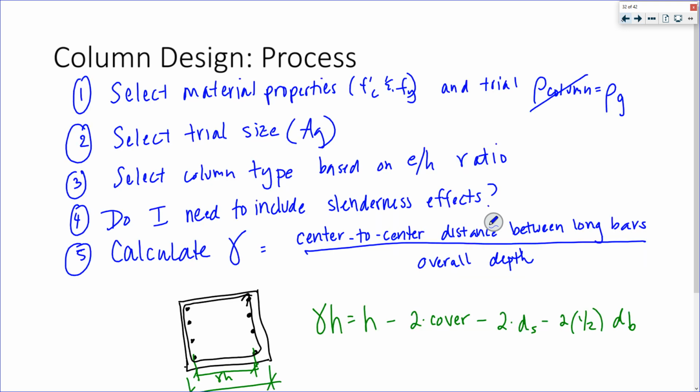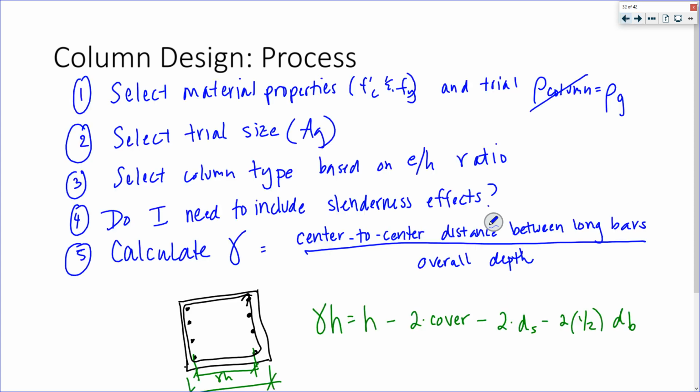So, okay, so we calculated our gamma. Is that number 5? Okay.